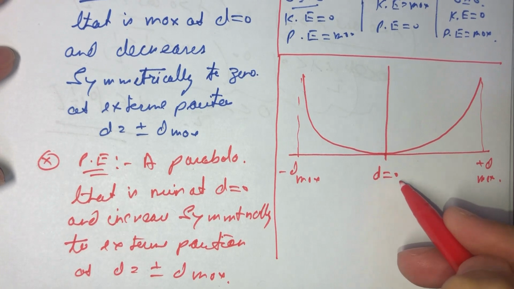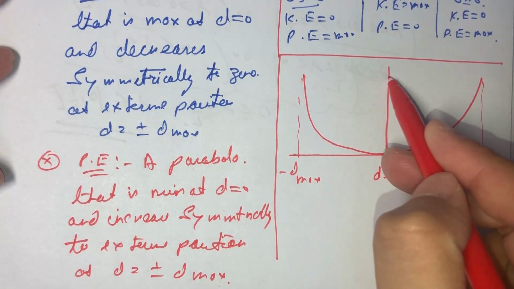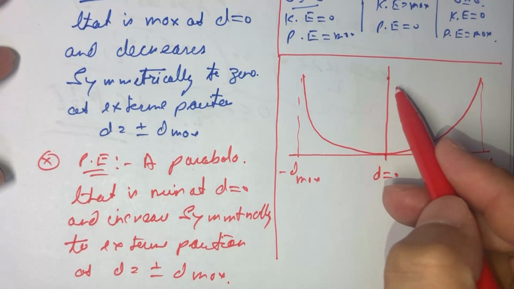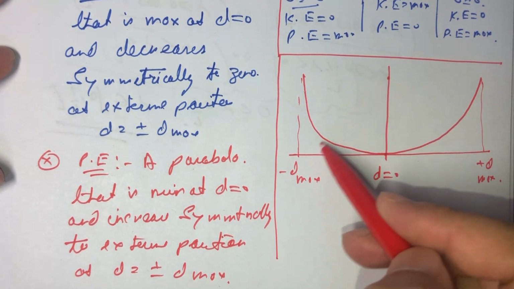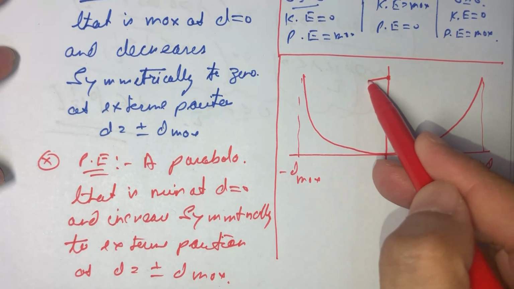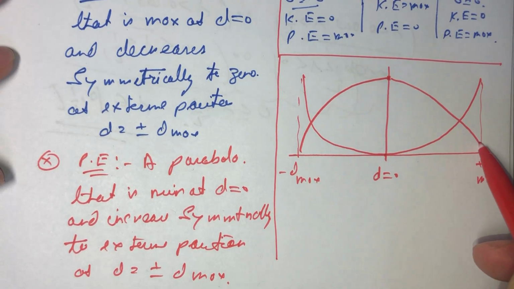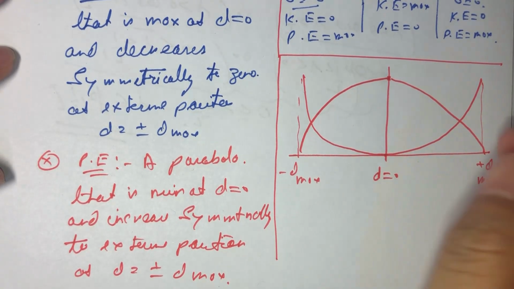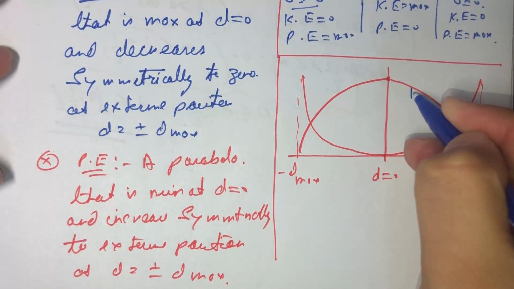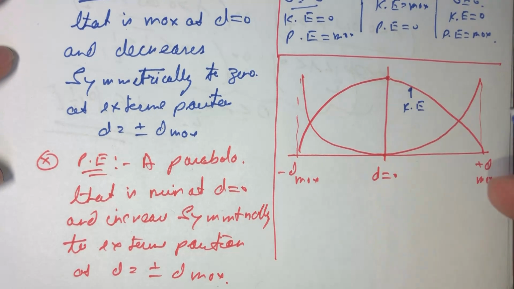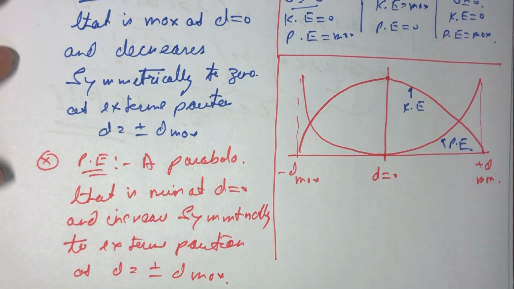And at d is equal to 0 the kinetic energy is maximum. So this is the maximum kinetic energy and it is going to decrease symmetrically for d is equal to max. So this will be coming like this, and to the other side it will also be going like this. So this is our kinetic energy, and this is our potential energy.